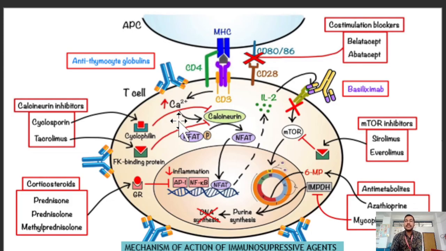So again, let me recall, when the signal transduction takes place via this MHC, the first thing that happens is it increases the intracellular calcium ions.